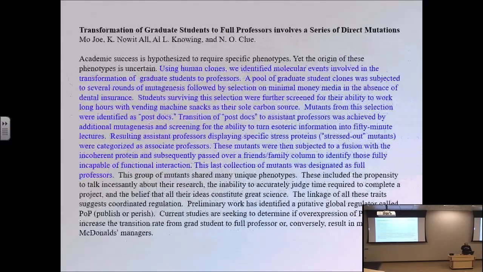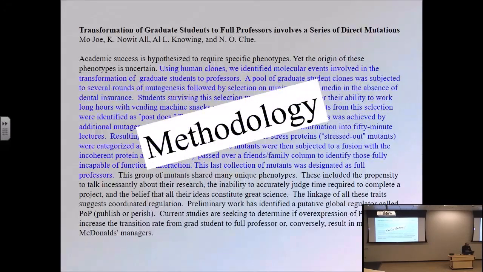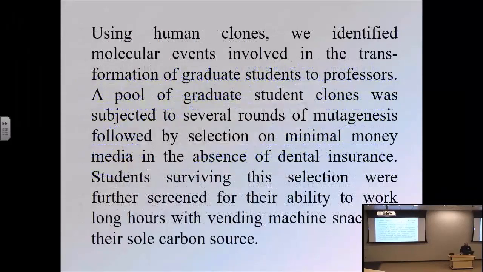Now the body of this particular abstract is the methodology. Sometimes the methodology will be shorter, sometimes longer, depending upon what you did. The methodology in this abstract is: "Using human clones, we identified molecular events involved in the transformation of graduate students to professors.